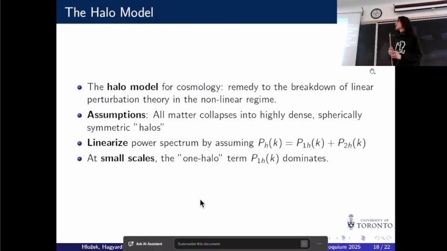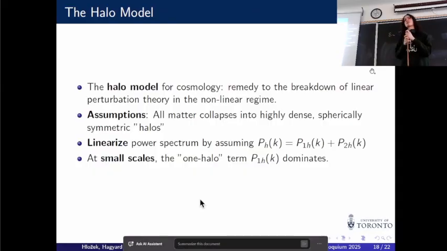You can use terms that express the relative density in those halos relative to the interstellar medium, called halo biases.